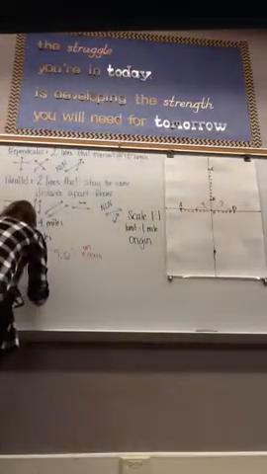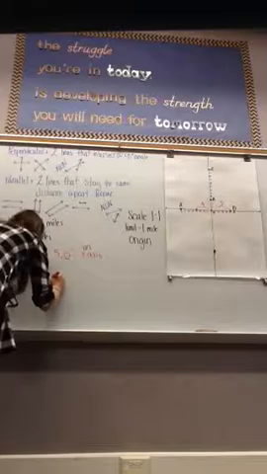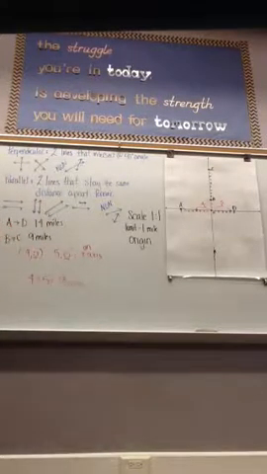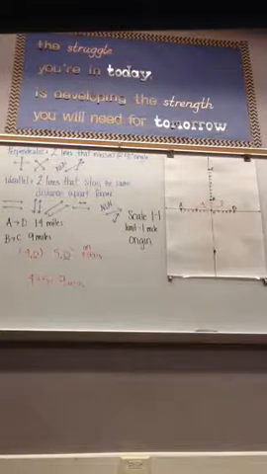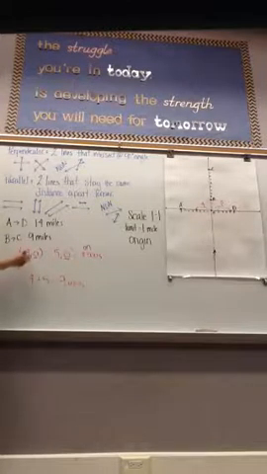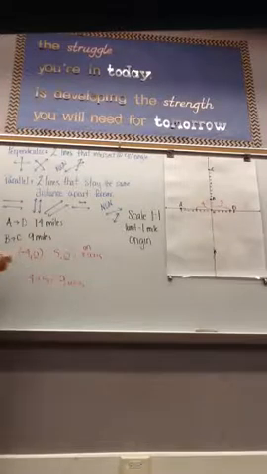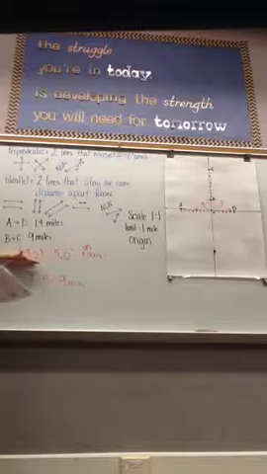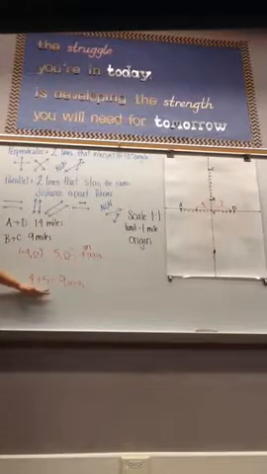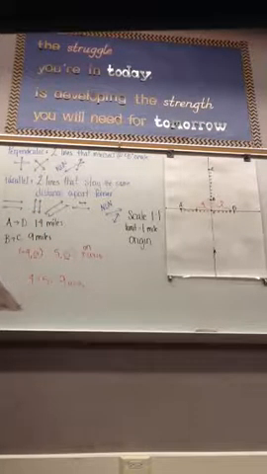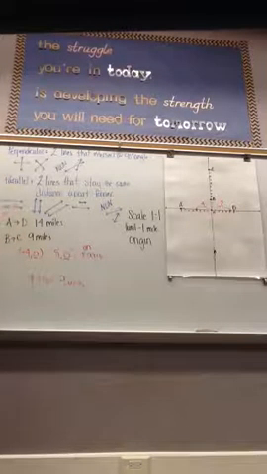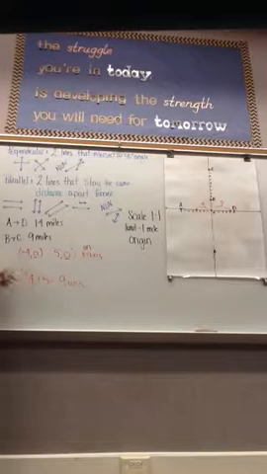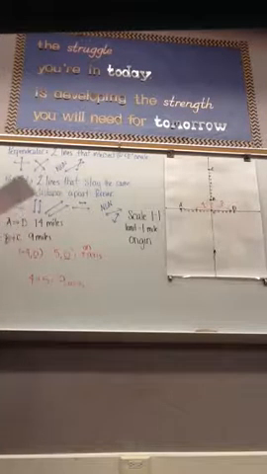So we could add 4 plus 5 to get 9 units. The only problem with that is this is a -4. So we need to think of a way that we can look at the ordered pairs and write an equation to find the distance. So think about what that connection would be.